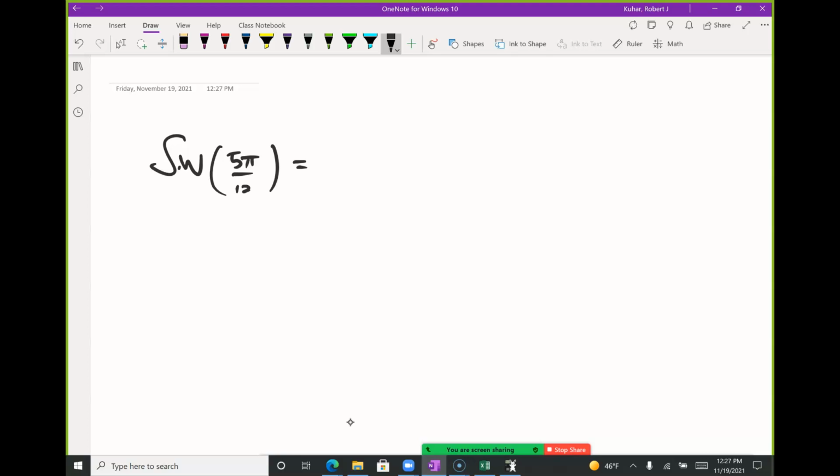Let me see if I can make this a sine of alpha plus beta, or I can make it a sine of alpha minus beta. Let's see if I can make this a sine of alpha minus beta. So I now want to be thinking of two numbers that subtract to 5, and they reduce with 12. So what reduces with 12? 2, 3, 4, 6, 8. So you see I have lots of options, right?